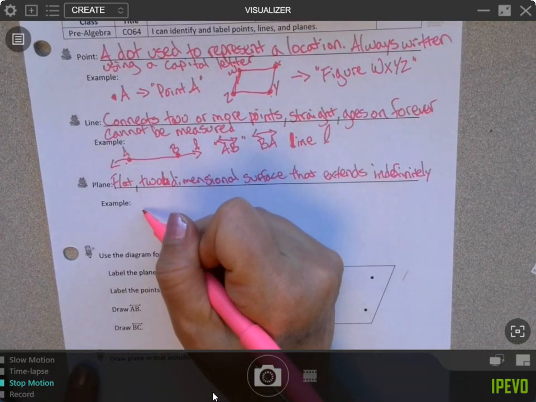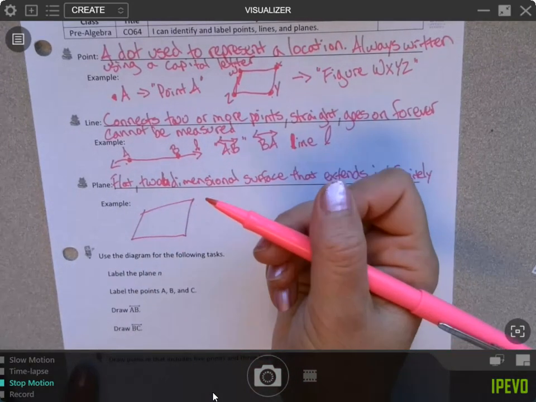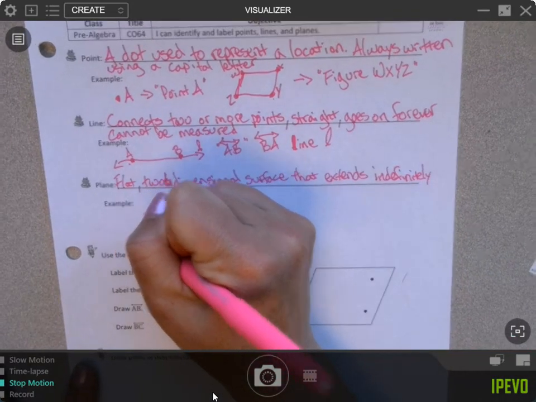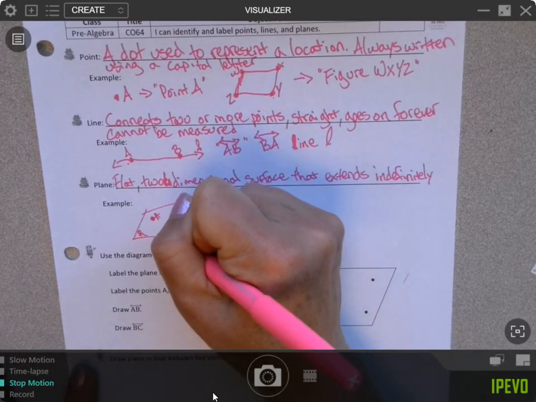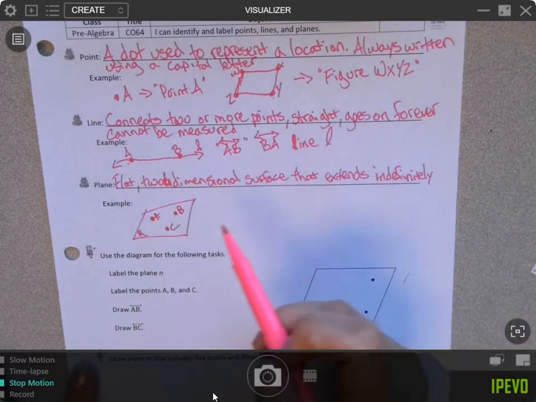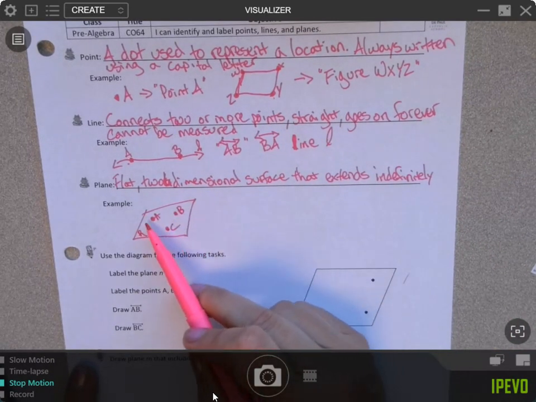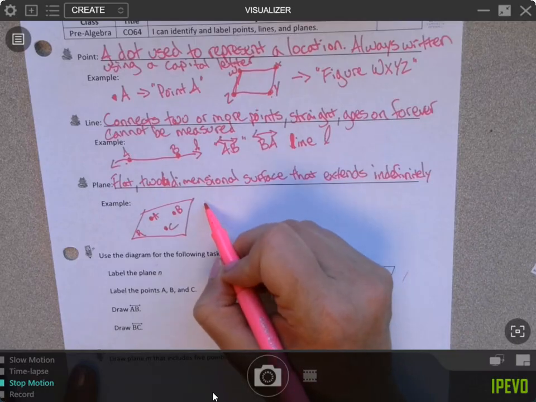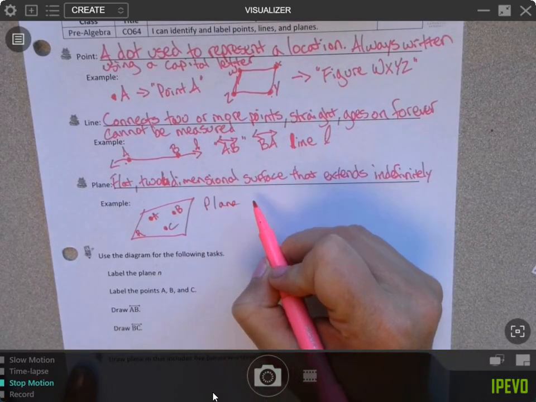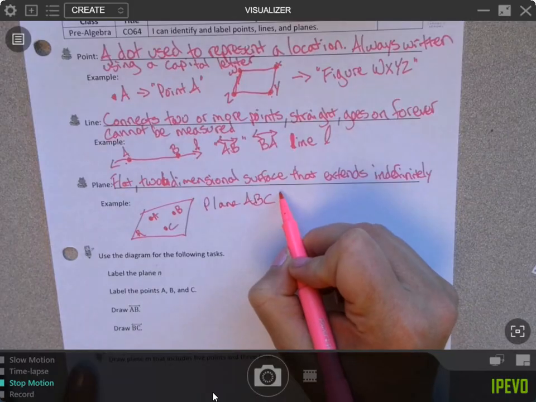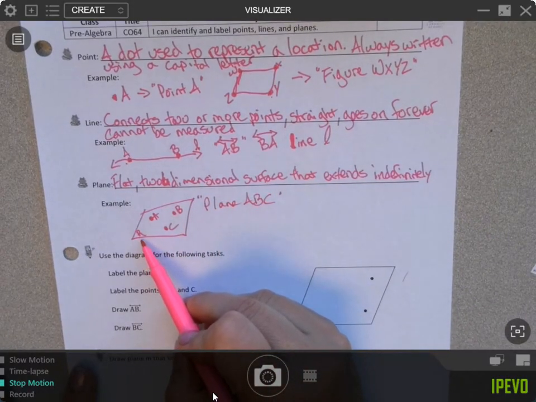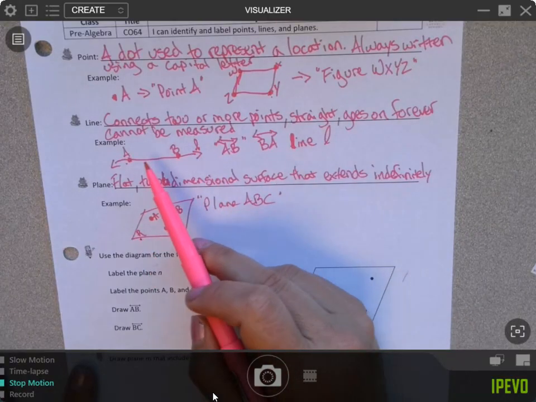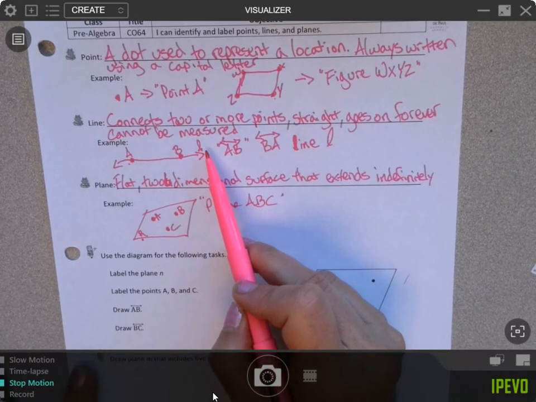So an example would be this. We might have different things in there. So this, we could label it by points that are on it. So we could label it plane A, B, C, because we're going to use the points, or by the label that's in the corner. So for the line, you could label it by the name given to the line.